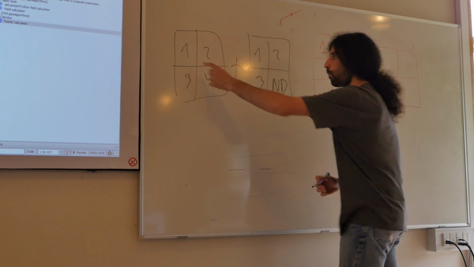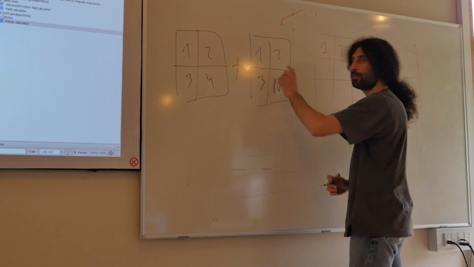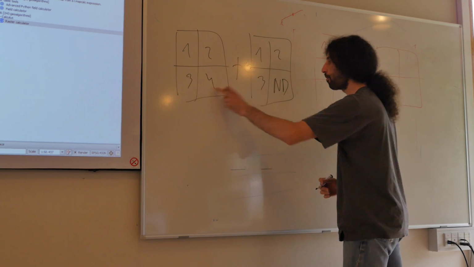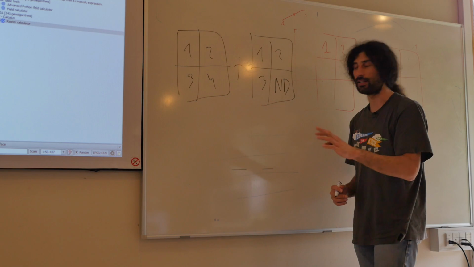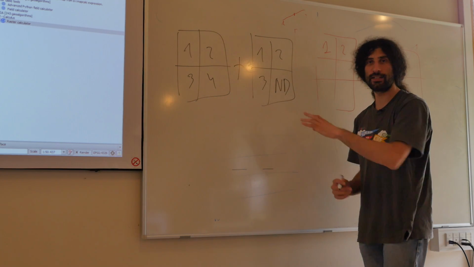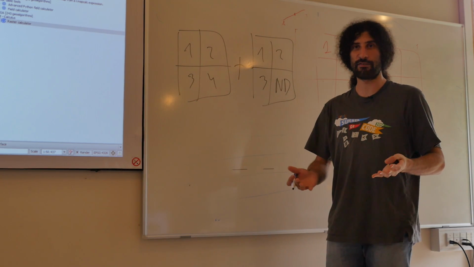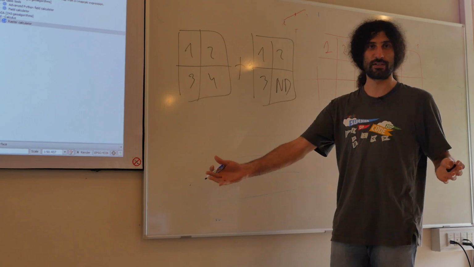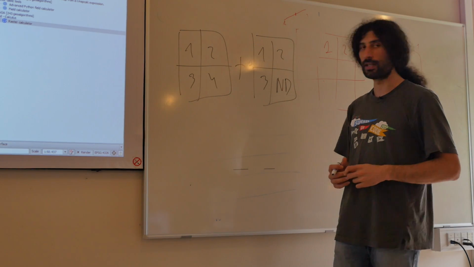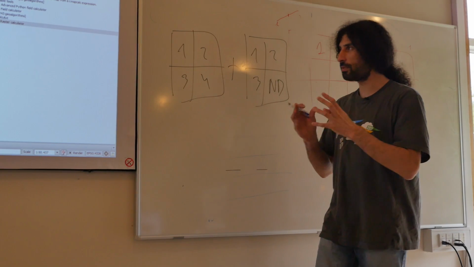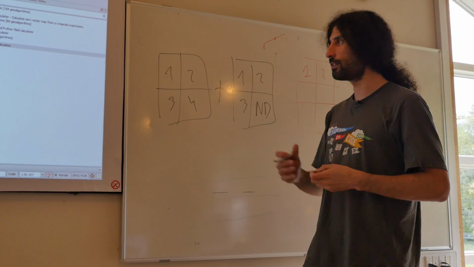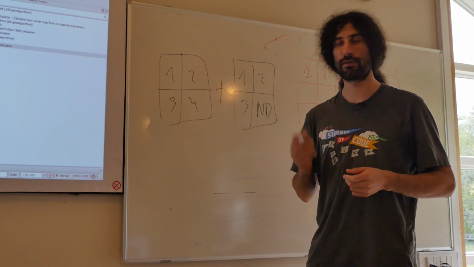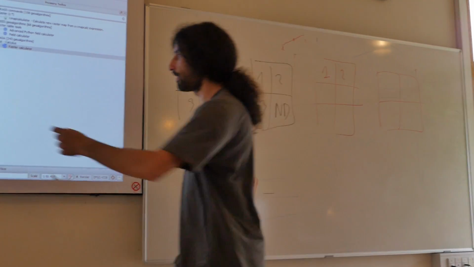So 1 plus 1 is 2, 3 plus 3 works, but 4 plus no data is no data. The logarithm of no data is no data, and multiplying by no data is always no data, because you don't have data, so there's no way to finish the calculation. That is a characteristic of no data values that you can use for the mask. Now think about it. You have no data values in here.